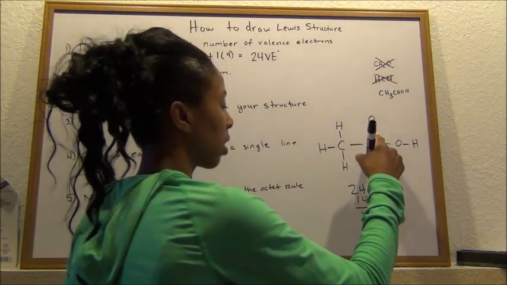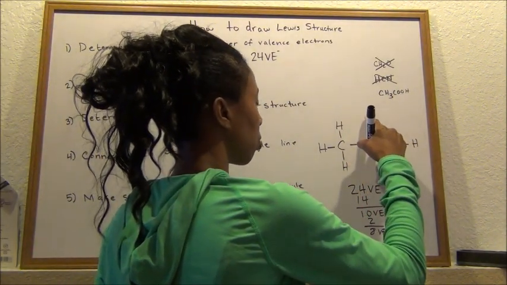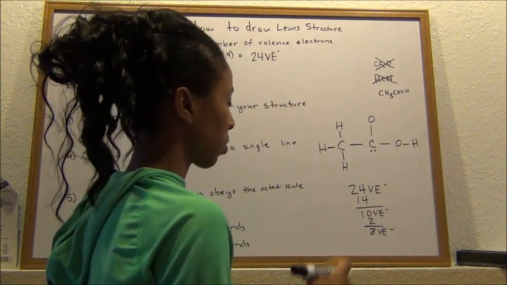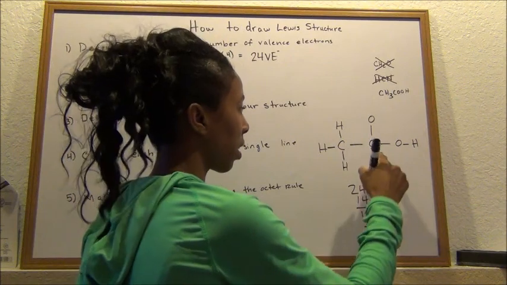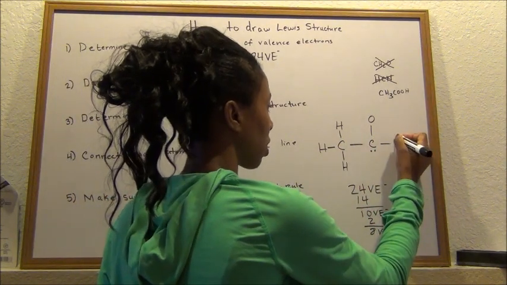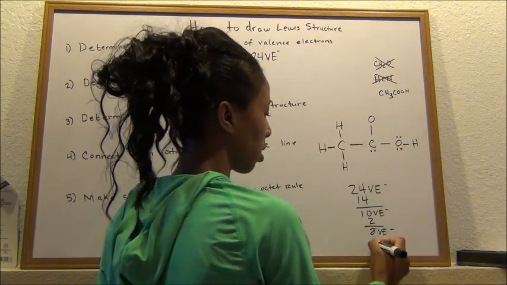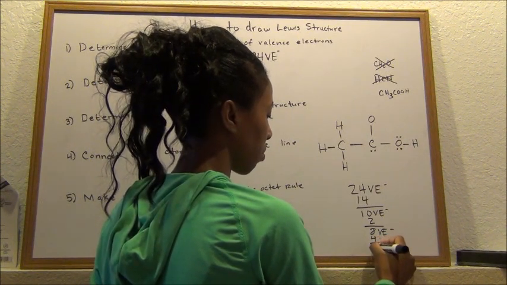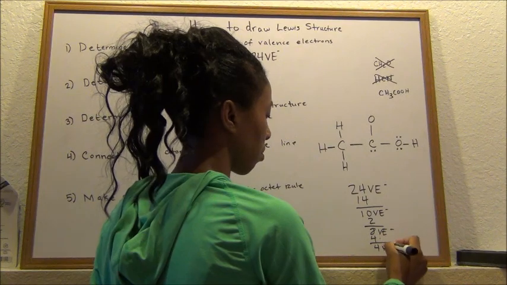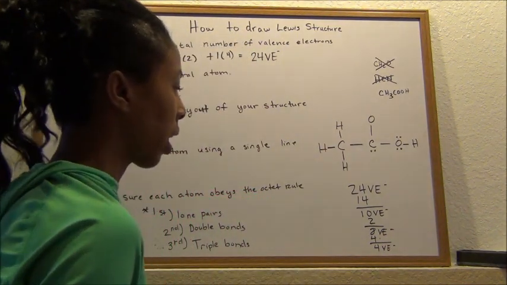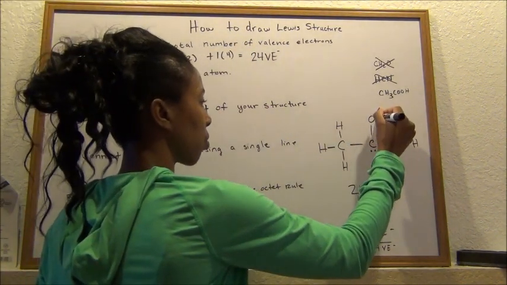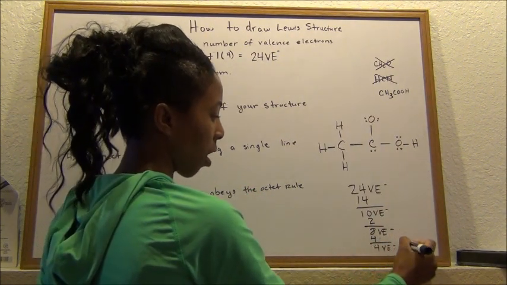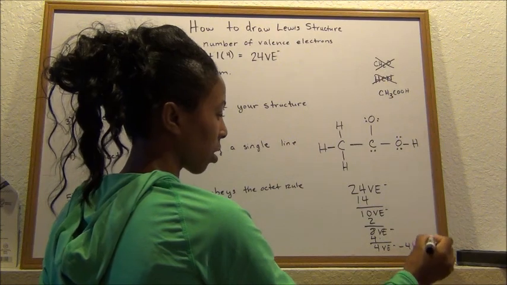Here we have 2, 4, 6 electrons. Sorry, my mind's bad. Here we have 2, 4 electrons, so we're going to do 6, 8, and we're left with 4 valence electrons. And here we can do 2, 4, 6, but I've used up all of my valence electrons.